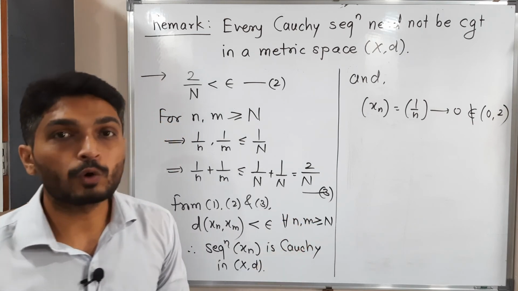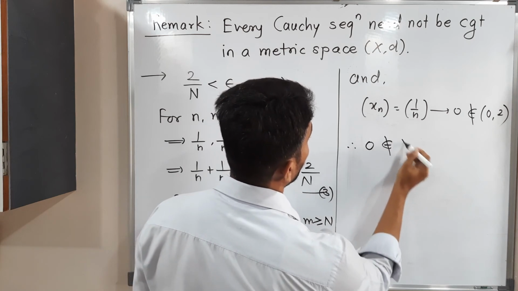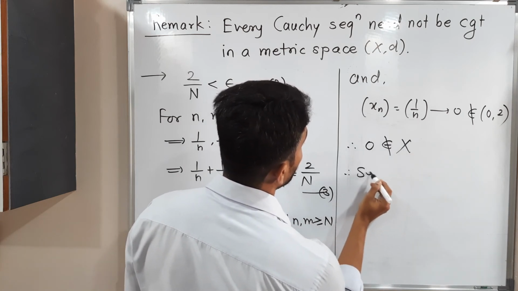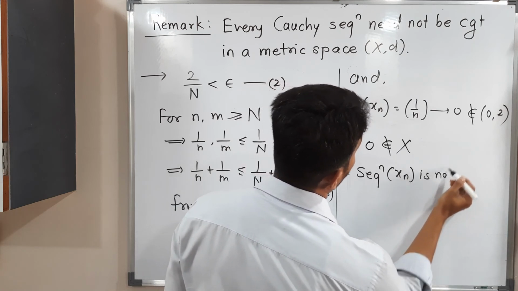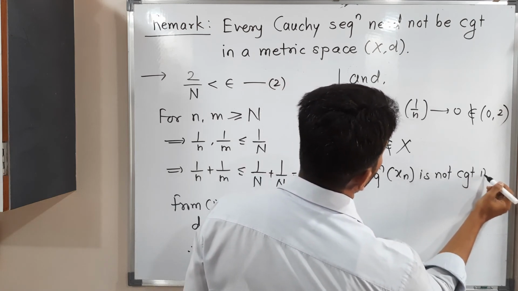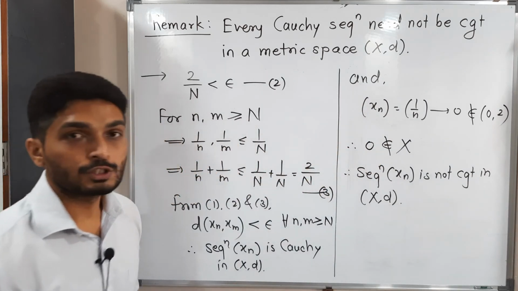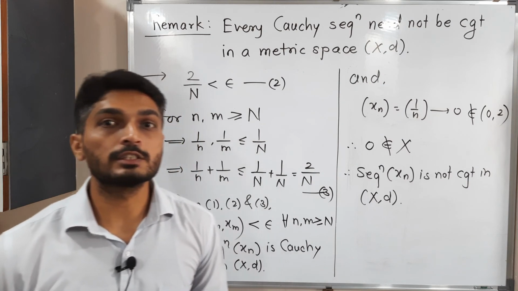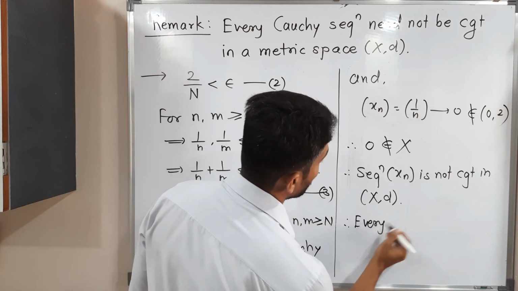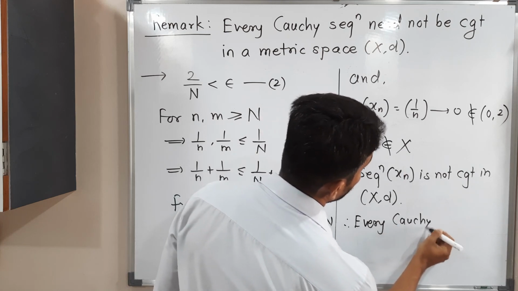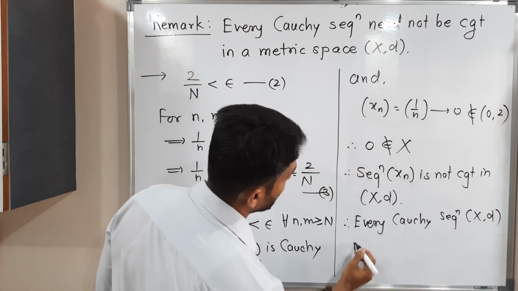So 0 is not a member of that set; therefore 0 does not belong to X. Therefore the sequence xn is not convergent in (X, d). That means we have a sequence which is Cauchy in (X, d) but not convergent in (X, d). Therefore every Cauchy sequence in (X, d) need not be convergent.